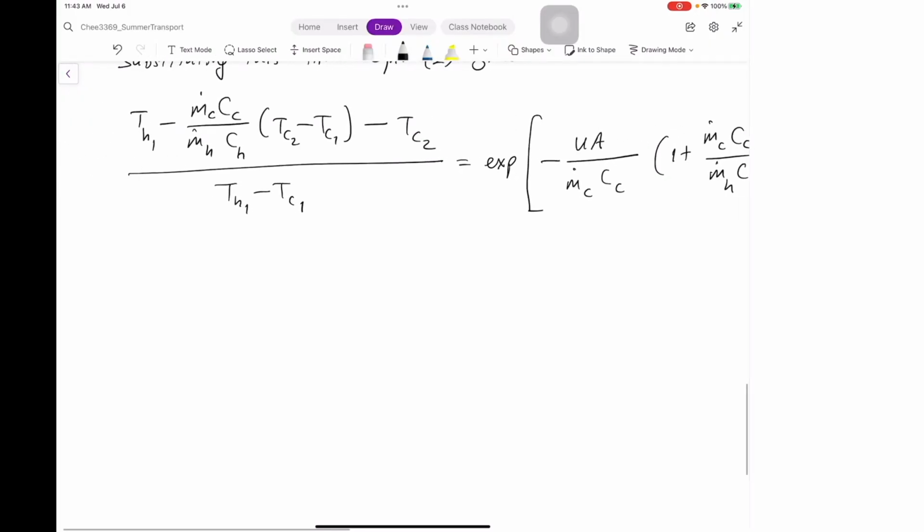Let's simplify the left-hand side. It simplifies to T_hot1 minus T_cold2.